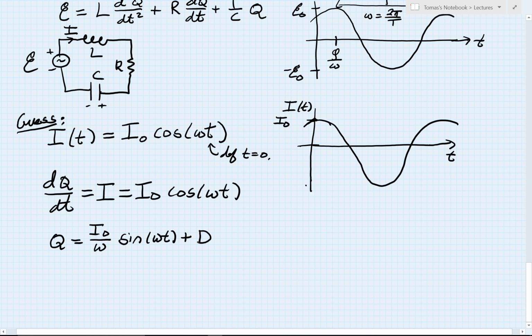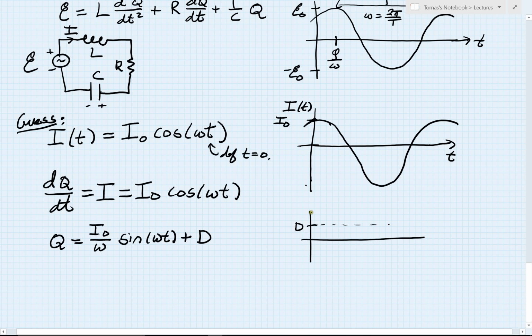Now, we need to determine this integration constant. What it represents, notice, is that charge Q is also an oscillating function, and if I include some value of D, D will be the average value of my oscillations.